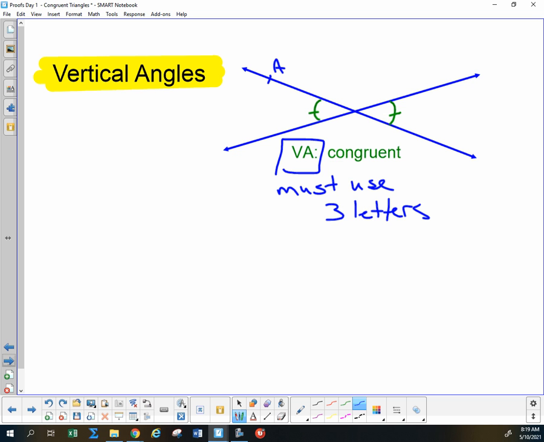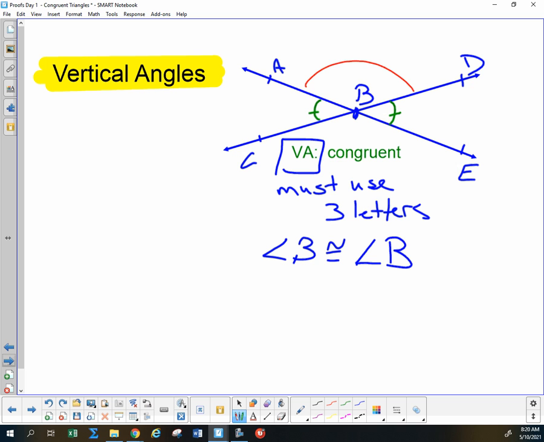So A, B, C. So I can't just say angle B is congruent to angle B, because that one also has a vertex at B. And am I talking about a red one and the green one, or the 2 green ones? I don't know if I just say angle B. So I would have to say angle ABC is congruent to angle DBE, with the B's in the middle to show that's where it bends. Start at A, go to B, go to C. I have that angle, and similarly for the right side.